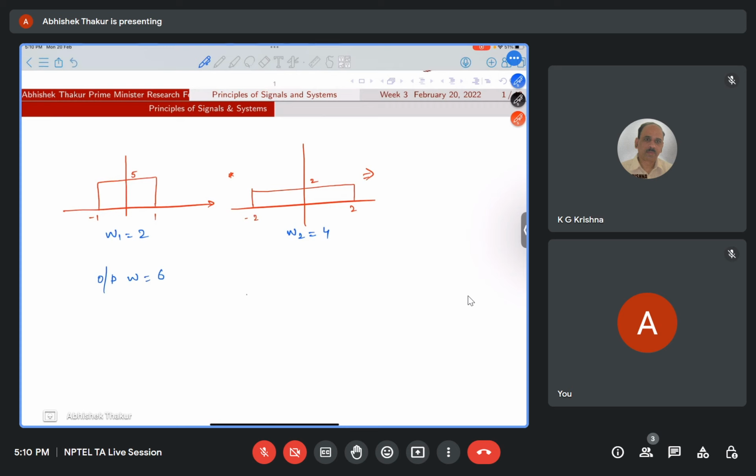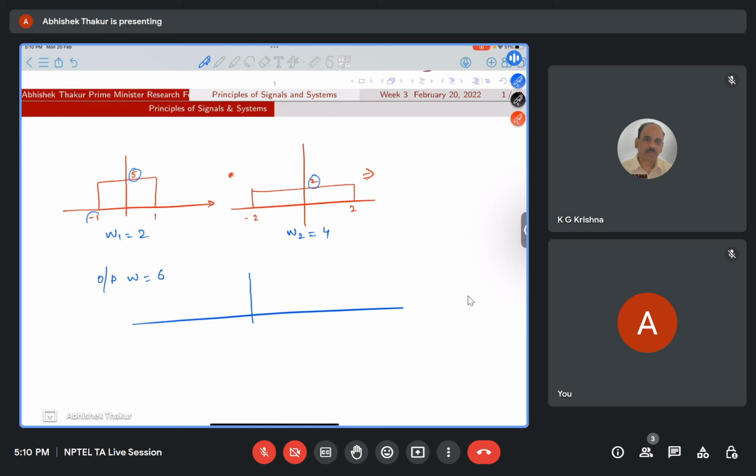Okay, and now what will be the slope? That will be 5 into 2, that is equal to 10. It means the slope of the rising arm and also the decreasing arm. And where will it start from?